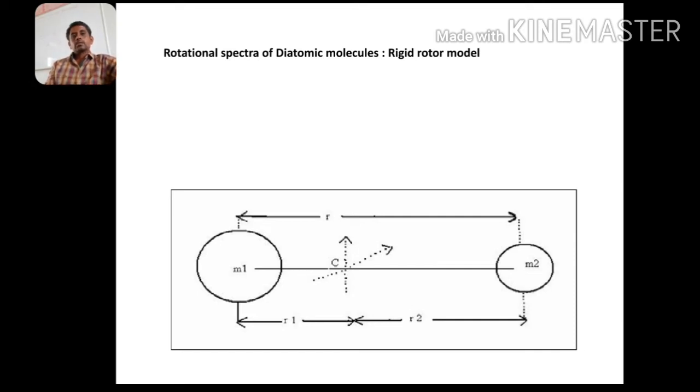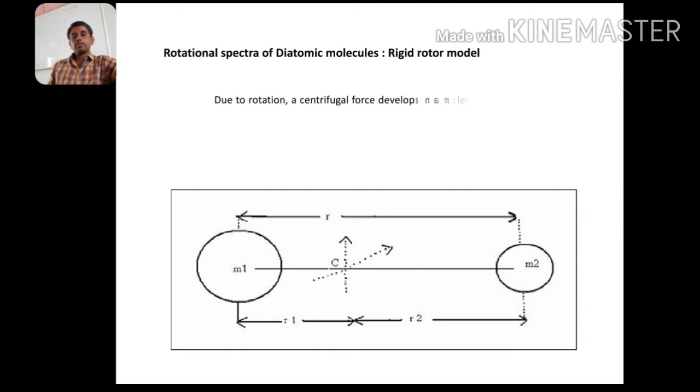Today we will see the rotational spectra of diatomic molecules, that is the rigid rotor model or rigid rotator model. As we know, a diatomic molecule having a bond, when this bond gets rotated about the axis, due to rotation, what happens?